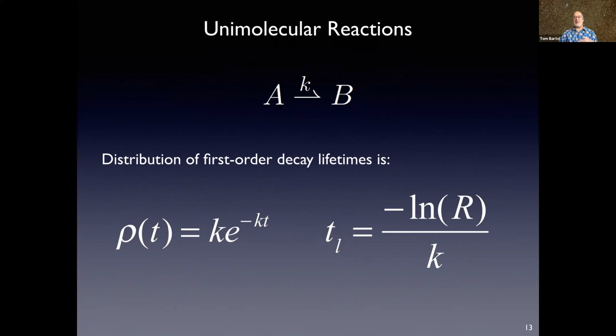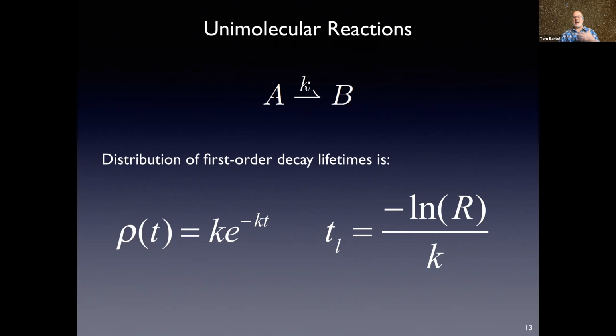So during initialization, 100 molecules of A will be placed into the simulation. And at the moment they come into existence, MCell looks at the set of reactions and says, oh, you have a reaction that says A goes to B with rate K.